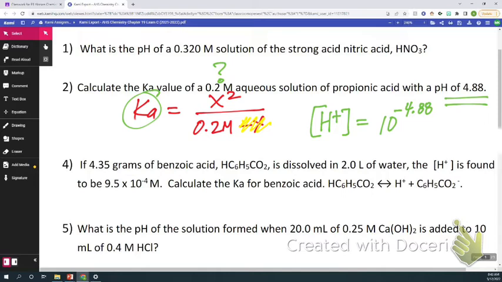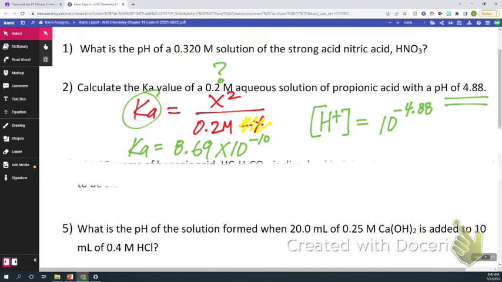And my final answer, I have Ka equaling 8.69 times 10 to the negative 10 power. That's the final answer.